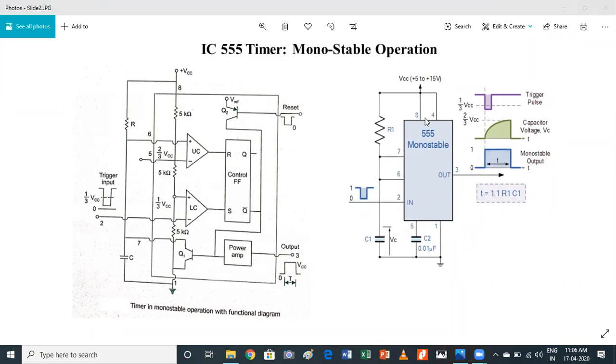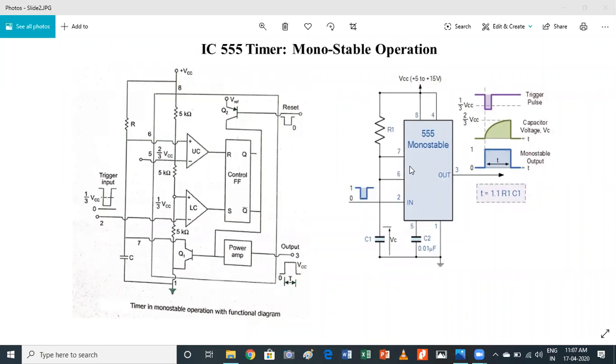Okay, this is the monostable mode operation circuit. The R1 resistor is connected between VCC and the threshold pin of the timer IC, that is the 7th pin, and here the 6th and 7th pins are short circuited, and pin 2 is the trigger input.